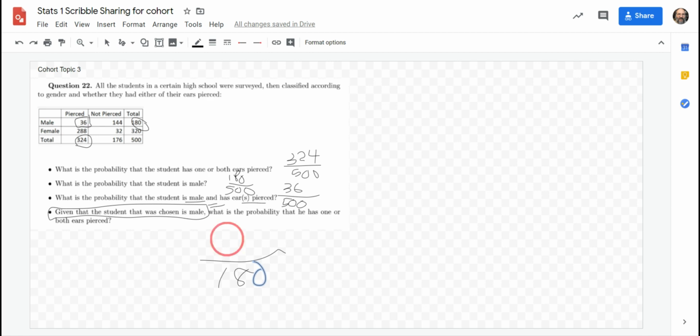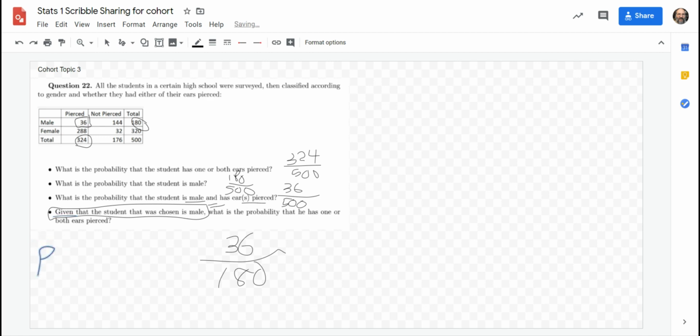Well, we do know that 36 males have pierced ears. So we have to take that event of a male with pierced ears and divide it by the number of males, because the sample space for this question, this conditional question, is being male, and there are 180 of those. This is actually conditional probability, right?